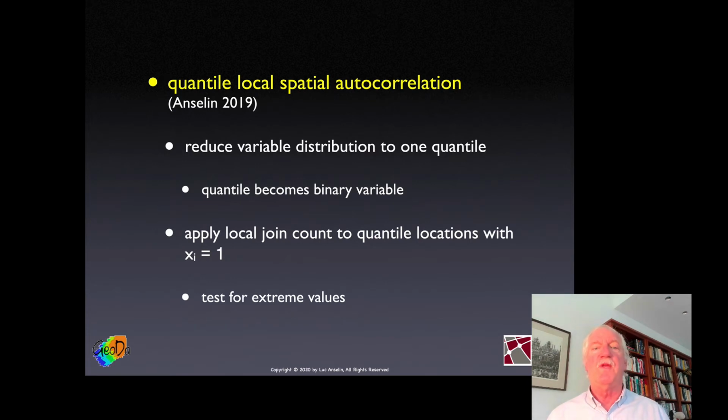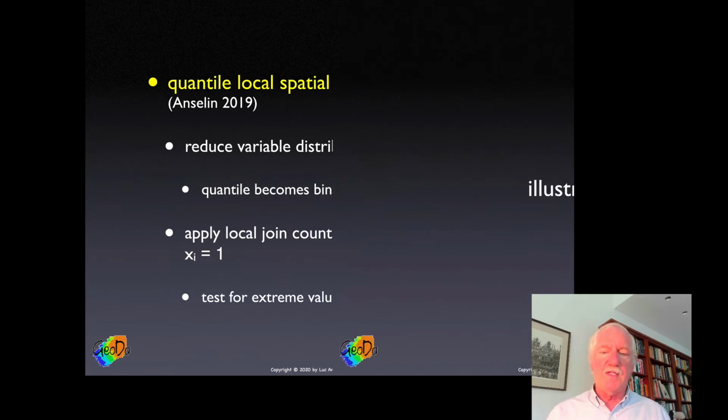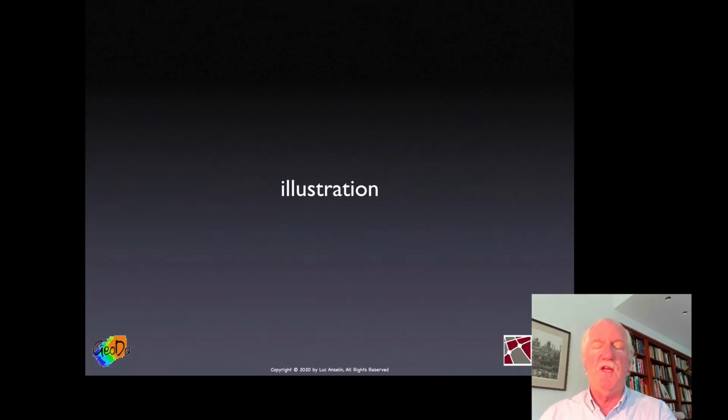We're interested in extreme values at the upper end or at the lower end. So we're purposely discarding a lot of information because we don't care about it. We only care about the extremes. We don't care about the rest of the distribution. So all of that becomes 0 in the local joint count terminology. In practice, I've found this to be very effective at bringing out interesting patterns.